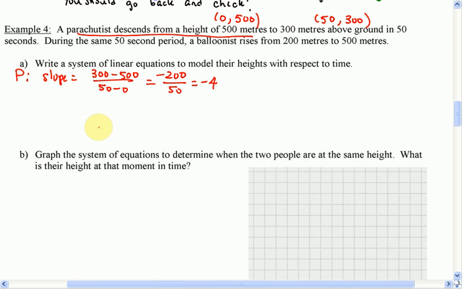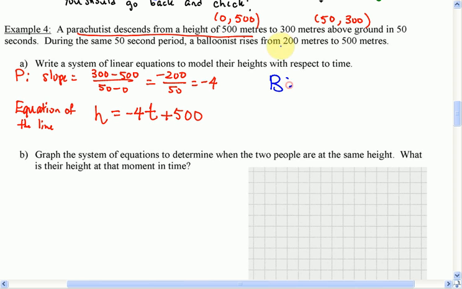Okay, so what's the equation of the parachutist? Well, I'll say the equation of the line, how about the height, which I'll call h, equals negative 4 times time, which is t, and my y-intercept I told you is 500, so there's my first equation.